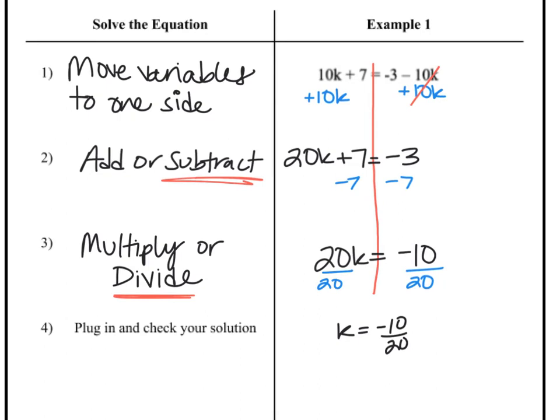But we want to simplify this. So I could divide both of these by 10, which gets me actually a better answer as negative 1/2. And remember, I don't really want your answer as decimals. I would rather you leave it as a fraction.